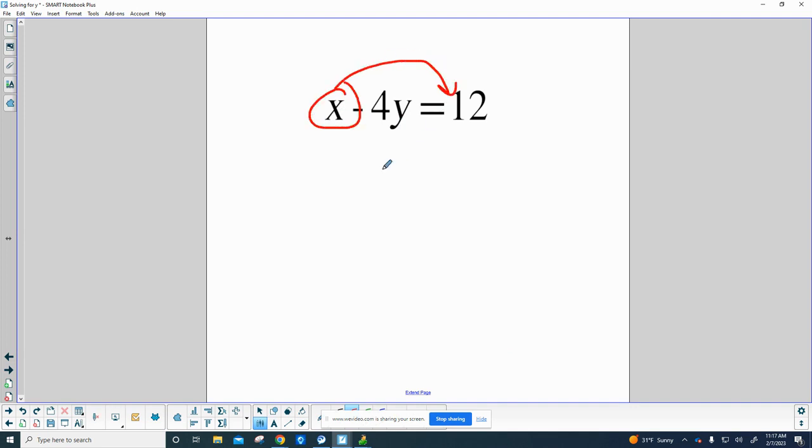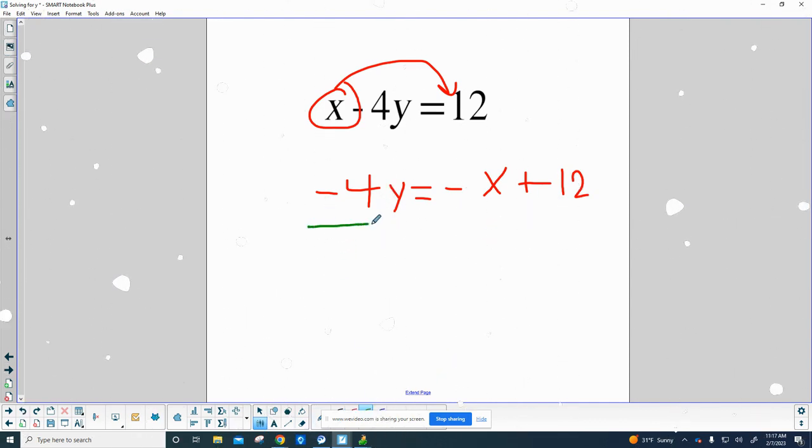So our last one, we're going to move x to the other side and put it behind the equal sign, which will leave us with negative 4y on the left side, and then negative x plus 12 on the right side. So we have to go through and divide everything by negative 4.